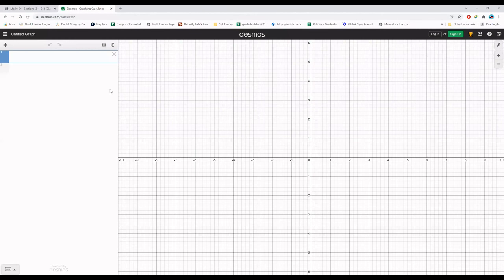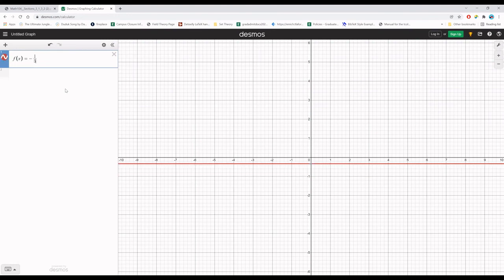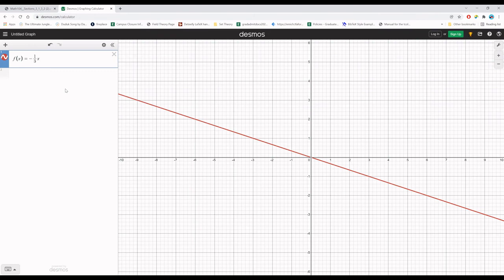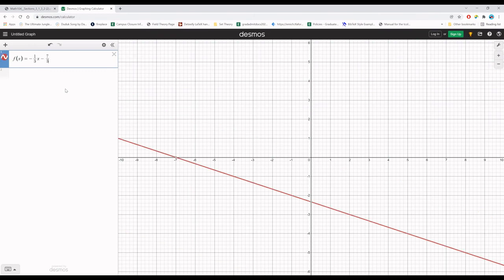So I've brought up Desmos. Come over here, my input panel, I'll call the first line f of x. We said that was a -1/3. I'll arrow over to get out of the denominator, and that's times x, -1/3x minus 7/3. There is our first line.